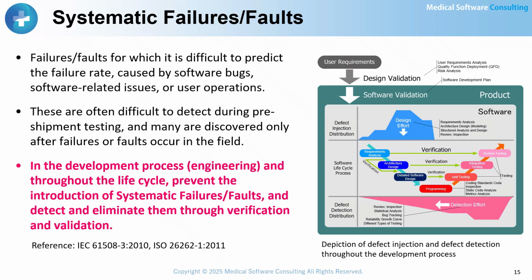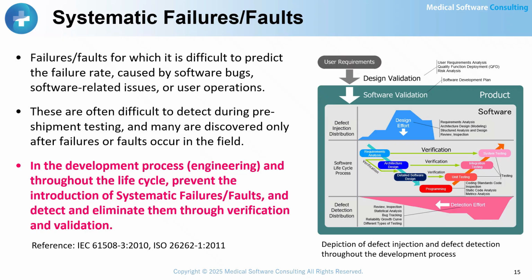Instead, they are frequently discovered only after the product has been released and failures occur in the field. To address this, manufacturers must prevent the introduction of systematic failures and faults throughout the software development process and life cycle. This is done through careful design practices and by detecting and eliminating problems using verification and validation activities.